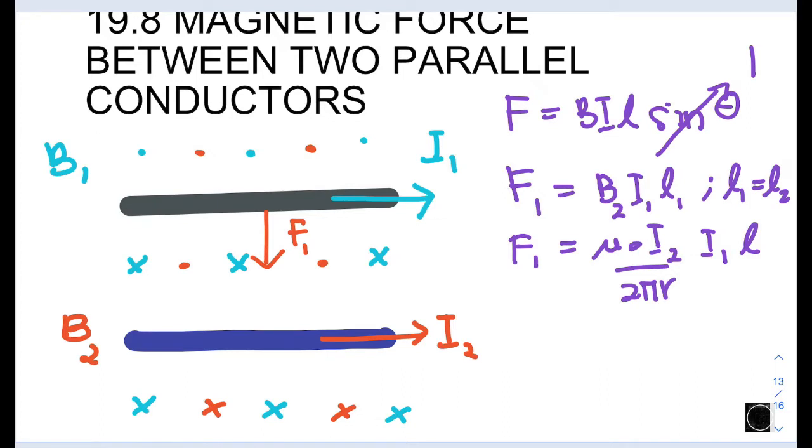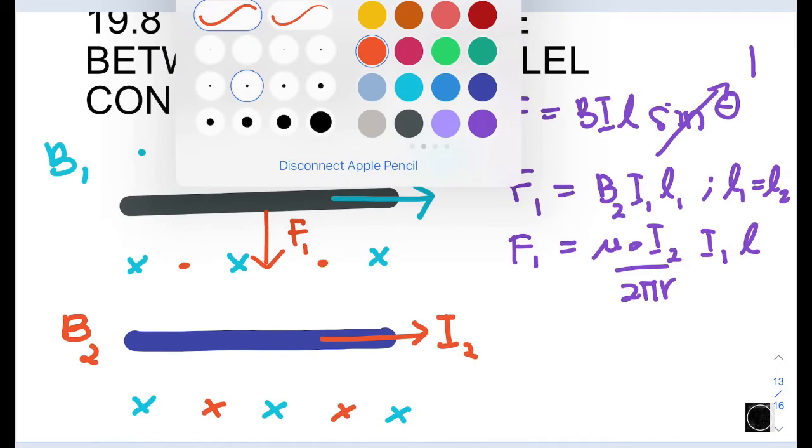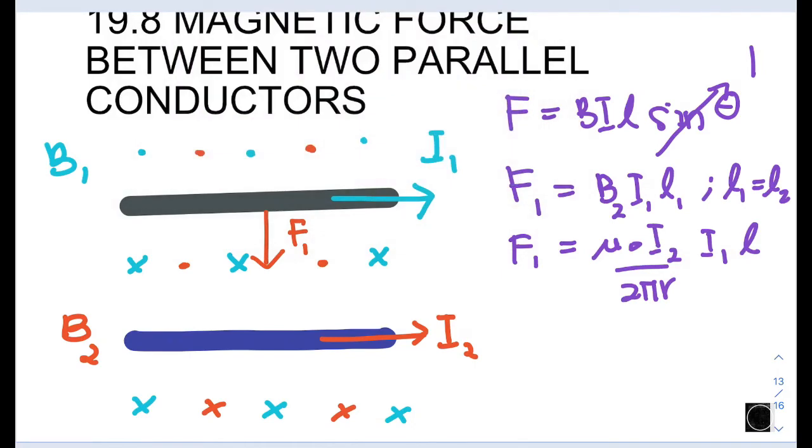Now we're going to proceed to the magnitude of F experienced by wire 2. So F2 is equivalent to B1. Which one, B1 or B2? B1, because B2 does not give any effect to its own wire.